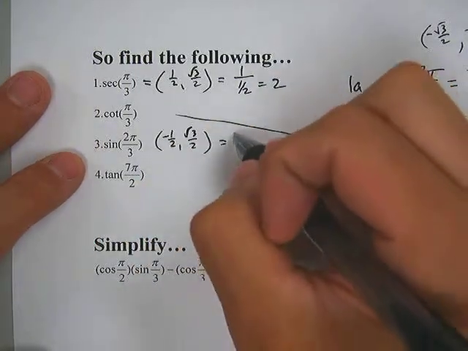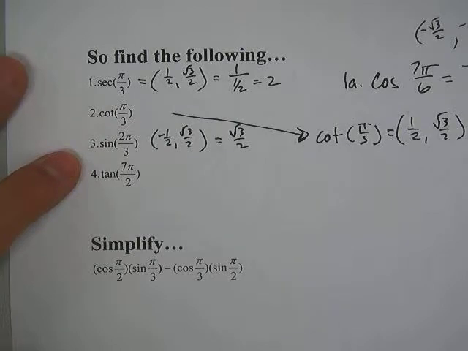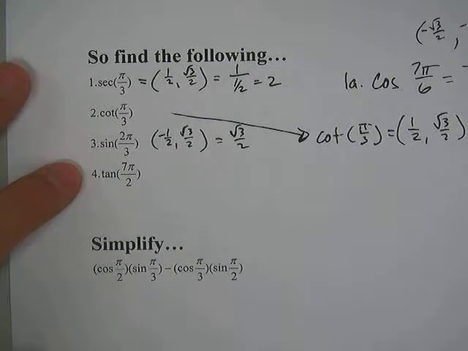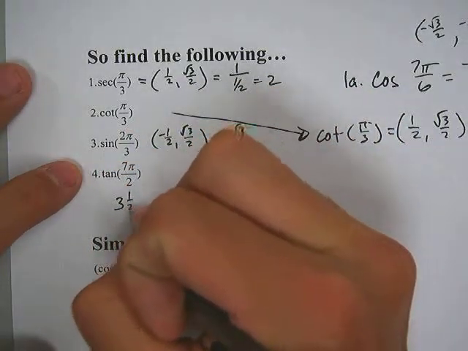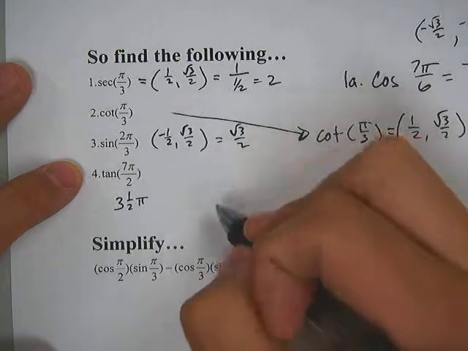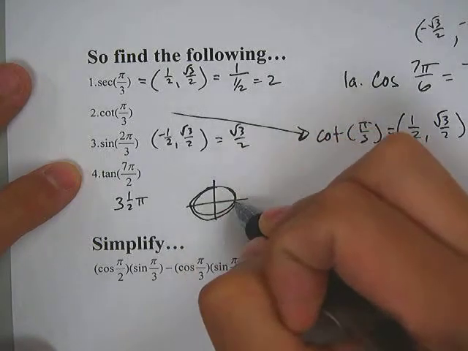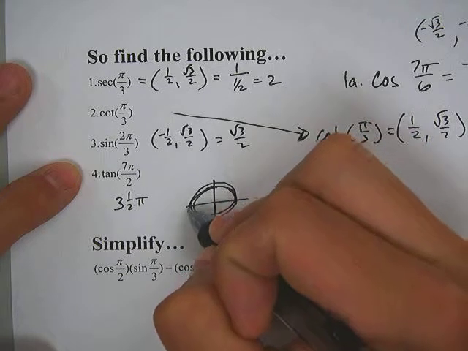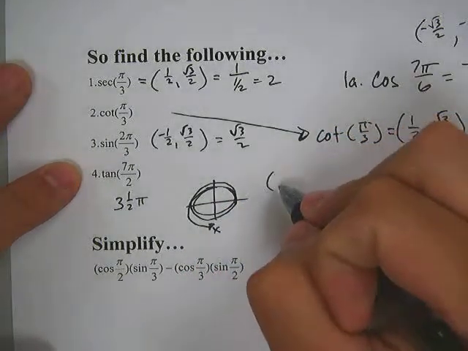What about the sine of 2 pi over 3? Well, the coordinates for 2 pi over 3 are negative 1/2, root 3 over 2. So the sine of 2 pi over 3 would just be root 3 over 2. That's it. Well, tangent of 7 pi over 2. Remember, 7 pi over 2 is 3.5 pi.